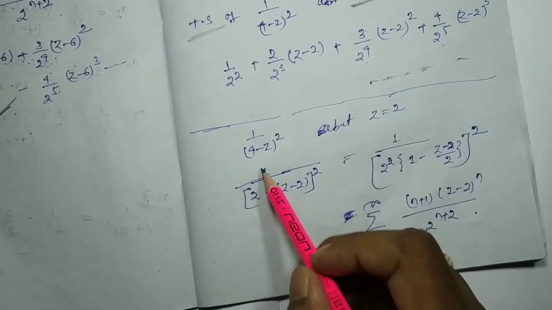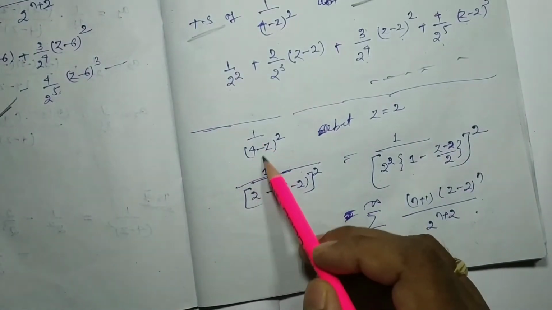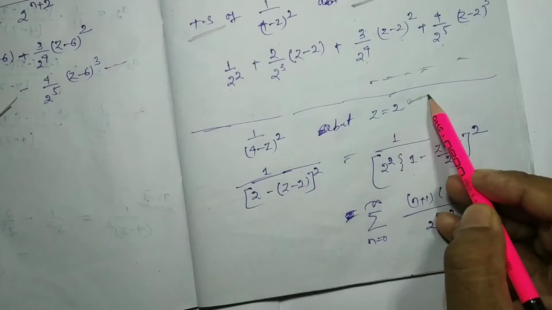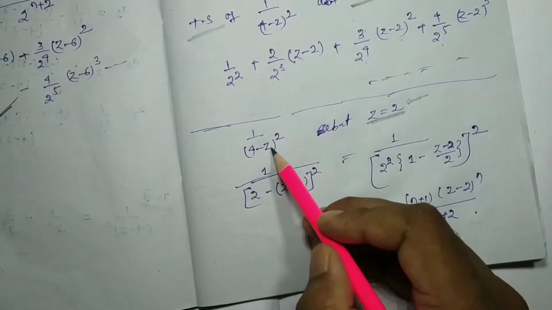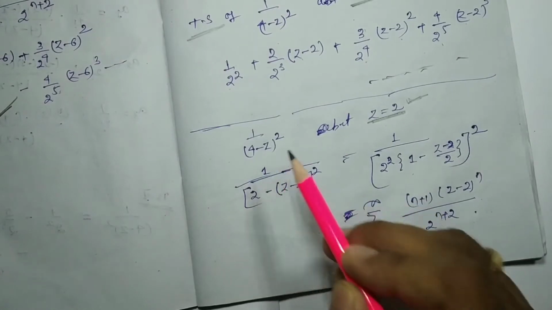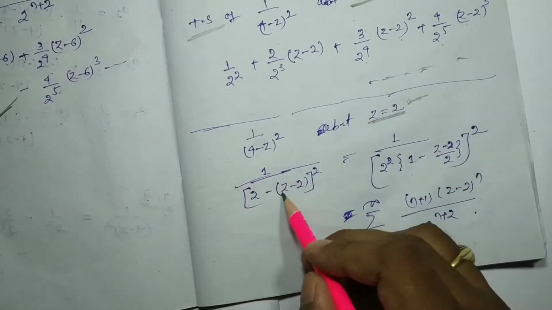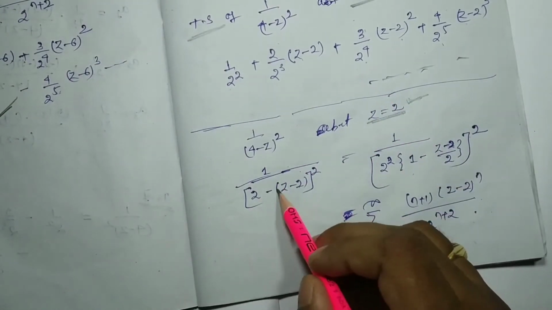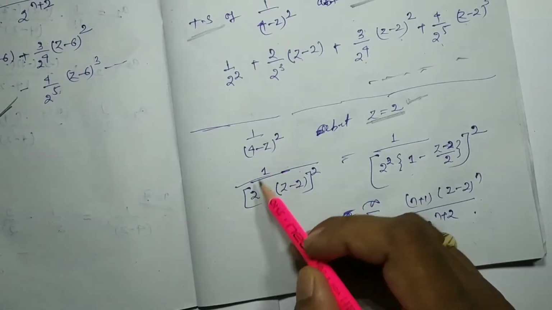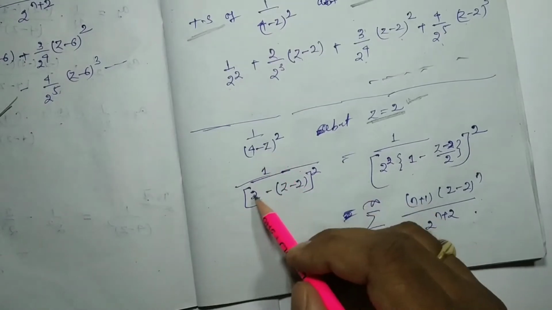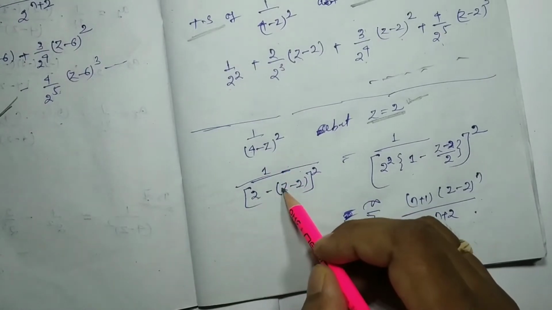Okay, now we have to find its Taylor series in the shortcut way. You can see that for 1 by 4 minus z square about z equal to 2 we have to find it. So here z minus 2 means this z is going to be written as z minus 2 first. Okay, z minus 2. So here minus z, and this is your plus 2. So what we have to write over here will give you 4 minus z. If I write 2, then it will be minus z plus 2.